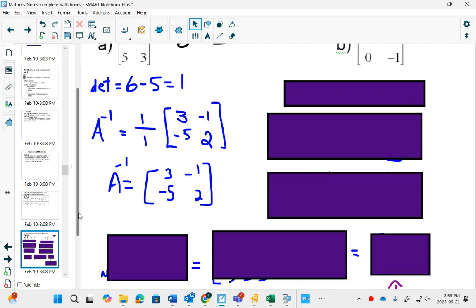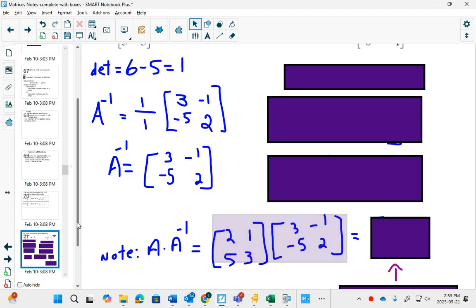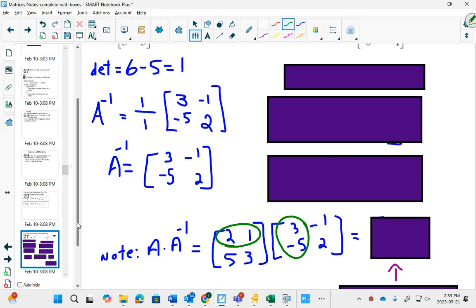And if you check it out, I have it here, okay? A times A inverse. If I take 2, 1, 5, 3, and multiply it by this, I will start by circling row 1, column 1. If I turn row 1 and crash it into column 1, do you see that you get 6 minus 5, which is 1.